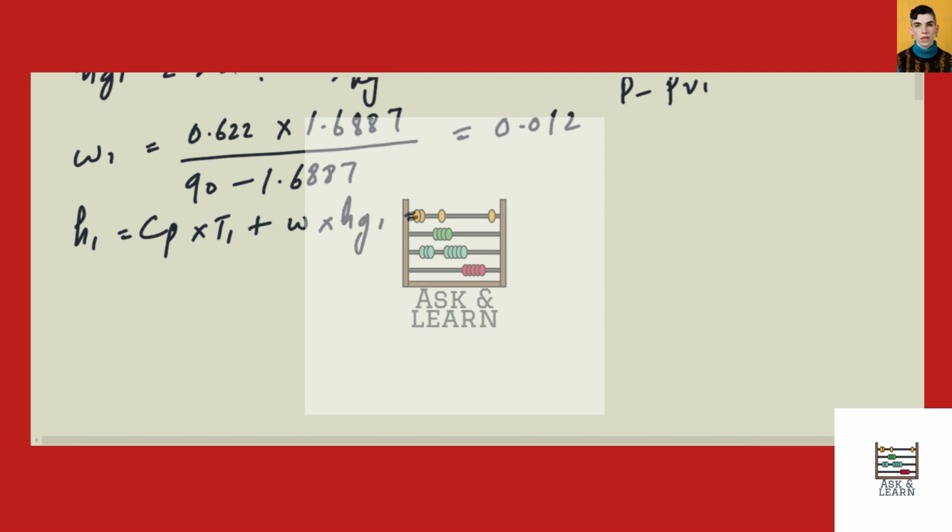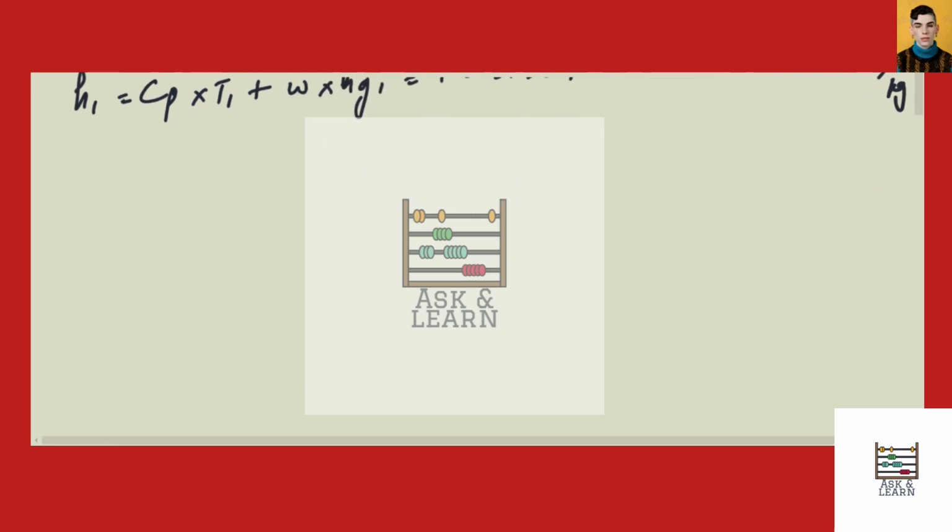So we have 1.005 into 35 plus 0.012 multiplied by 2564.6, and that is equal to 61.95 kilojoules per kg. So next we can calculate the specific volume v1, and from that the mass flow rate using the given volume flow rate.